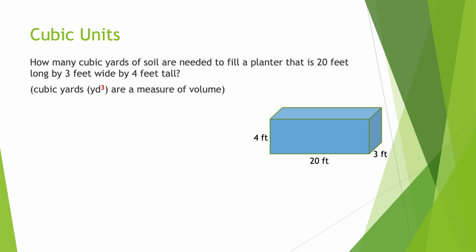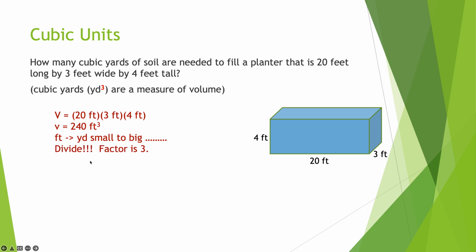Okay, so the volume is going to be 20 feet by 3 feet by 4 feet, which is 240 cubic feet. But it wants to know how many cubic yards. So feet to yards is small to big.